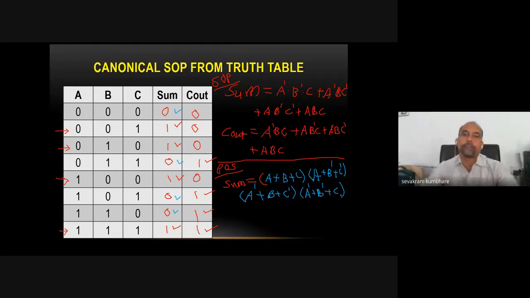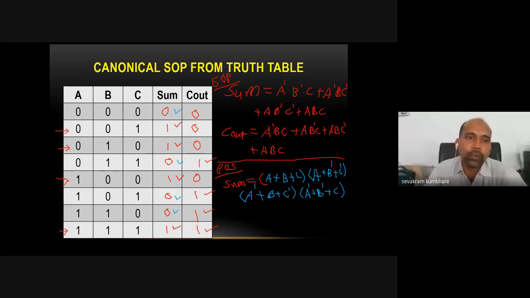So this is sum in POS form, that is product of sum form, whereas in sum of product form, it is like this. So you just have to take the inverse of sum of product in POS. If you observe, we have taken the complemented form of 1, that is 0.